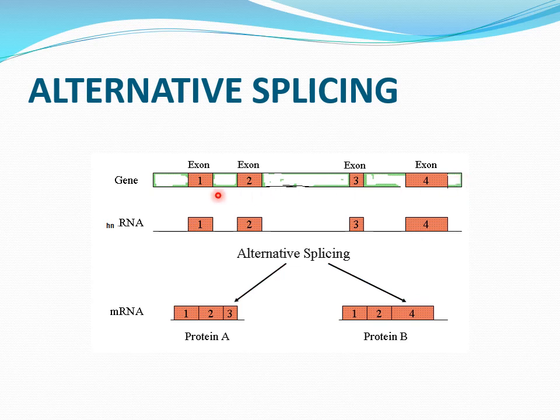Now, another mode of gene regulation is alternative splicing. Now, there are many eukaryotic genes in which it is not totally specified which nucleotide sequence will act as exon and which will act as intron, or which sequences together will form one type of protein, and which sequences of the same transcript will form another type of protein.